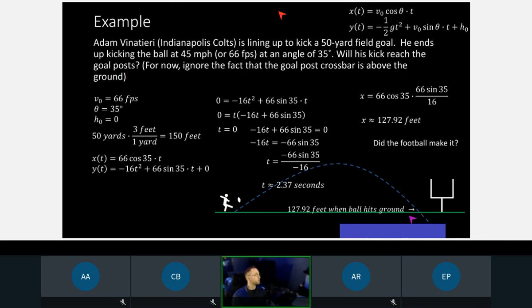Oh, and then I also have this box uncovered from the previous work we did. So 2 ways to approach it to give us different values to help us make the decision if the ball made it or not. And in both scenarios of how we approached it, it is pretty clear it didn't make it to the goalpost.